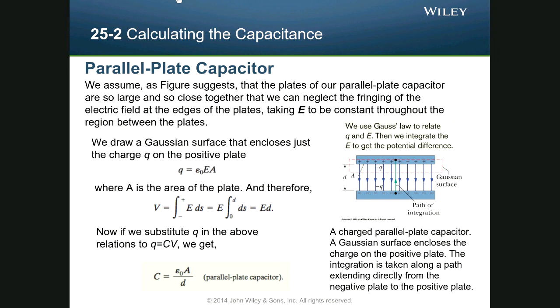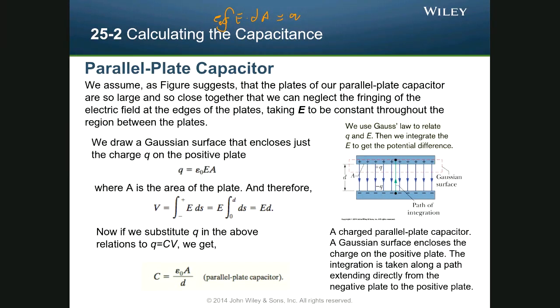From Gauss's law, which I'll write again because you can't really ever see that enough, E dot dA equals Q over epsilon naught.